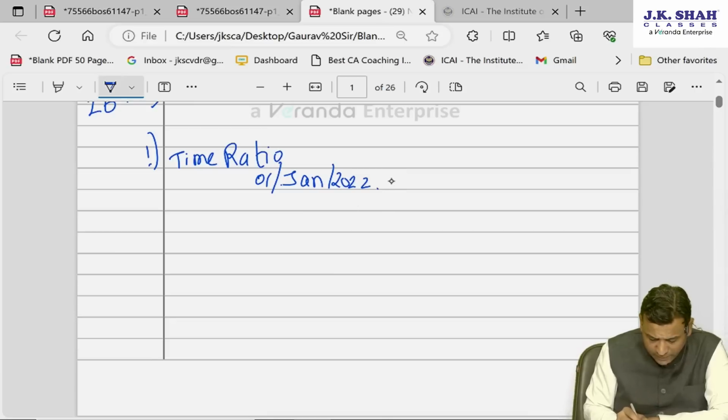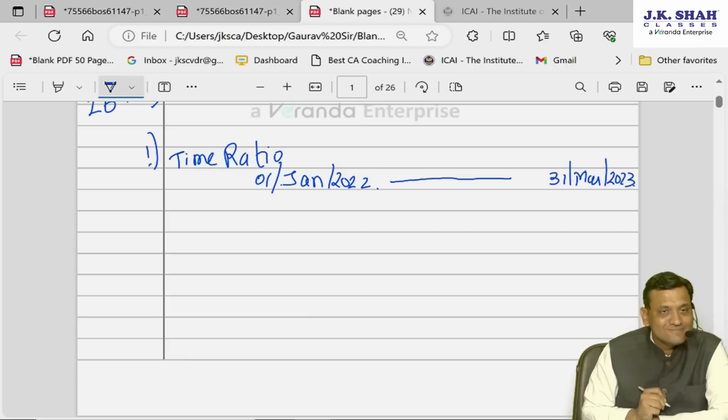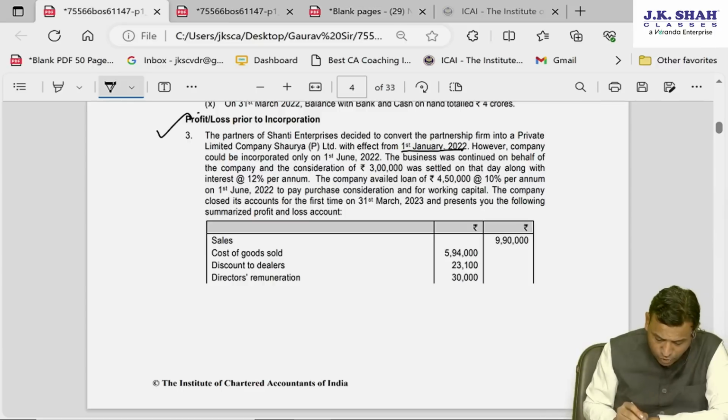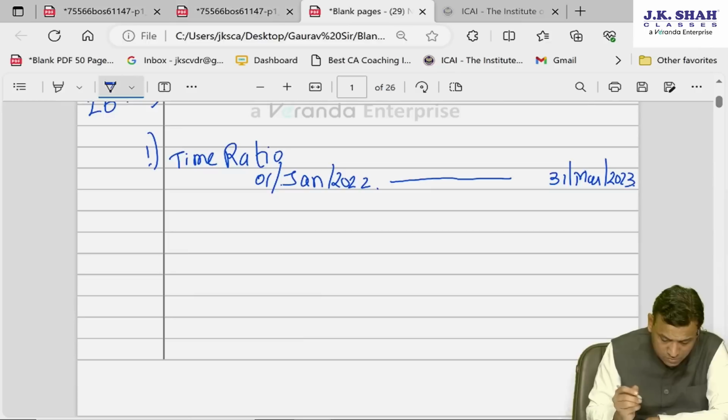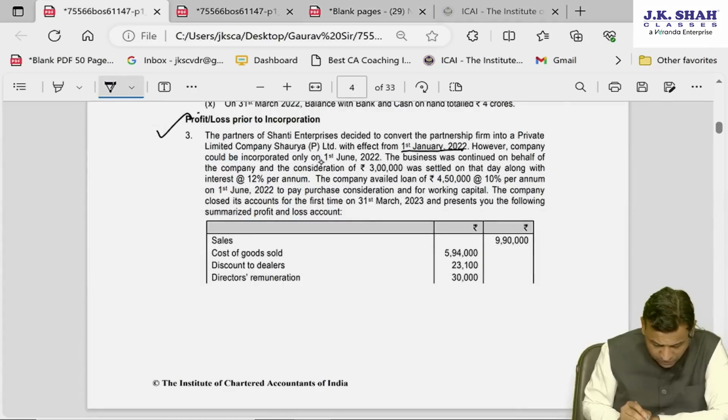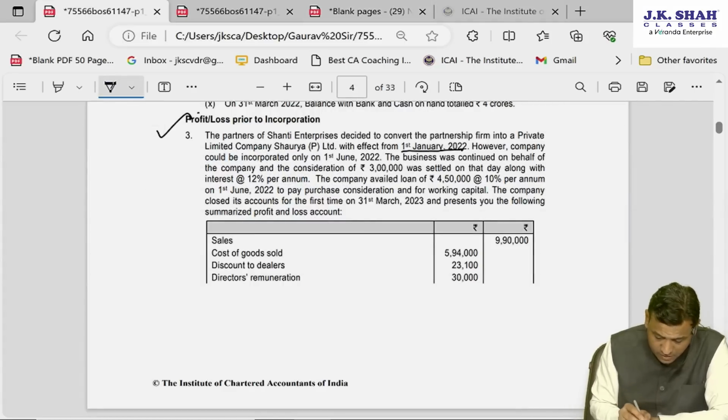And from 1st Jan 22, if you look properly, it is going till 31st March 2023. Now, when did we incorporate? Company was incorporated on 1st June. So, from 1st Jan, so Jan, Feb, March, 3 months. No, friends, it is not, I'm sorry for it. 1st Jan to 1st June, it means 5 months.